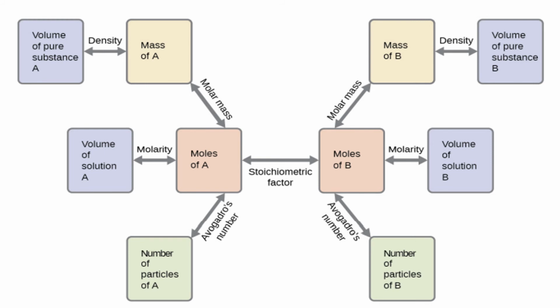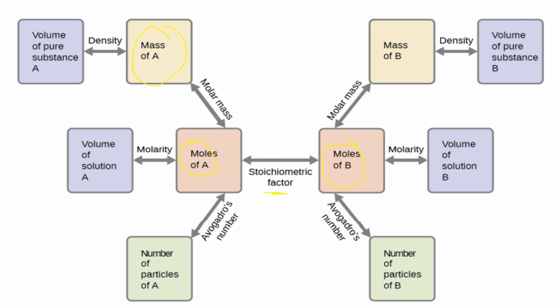The figure provides a summary or general outline of the various computational steps associated with many reaction stoichiometry calculations. So if you have, for example, given moles of A and you need to find the volume of solution A, you times the moles of A by the molarity and that will give you the volume of solution A. If you times moles of A with the stoichiometric factor, it will give you moles of B. If you want to move from moles of A to mass of A, you times it with the molar mass.